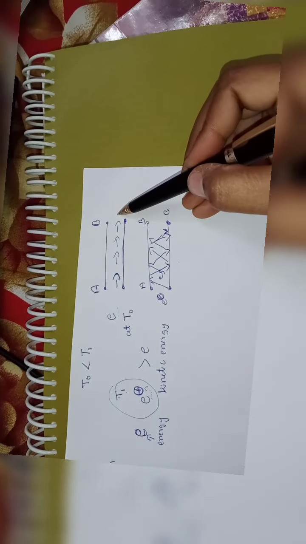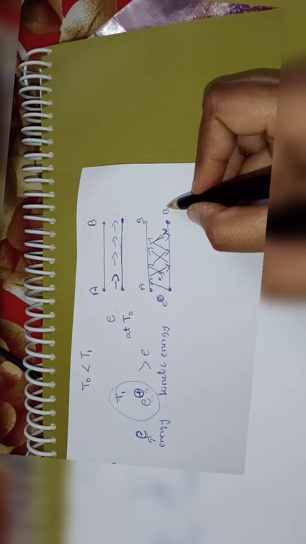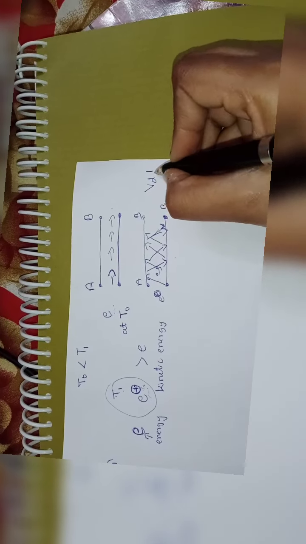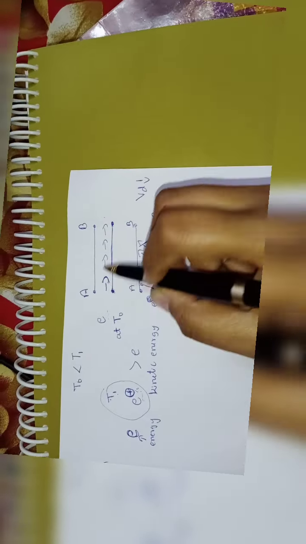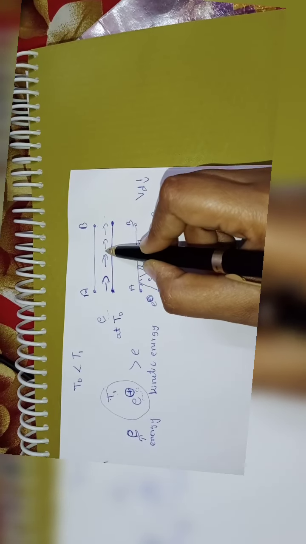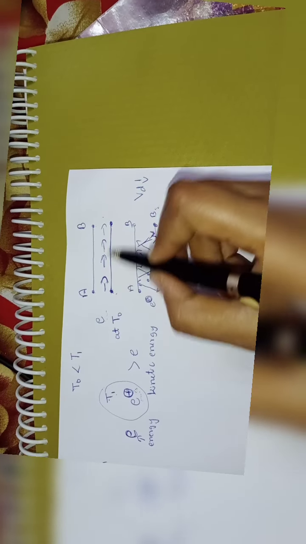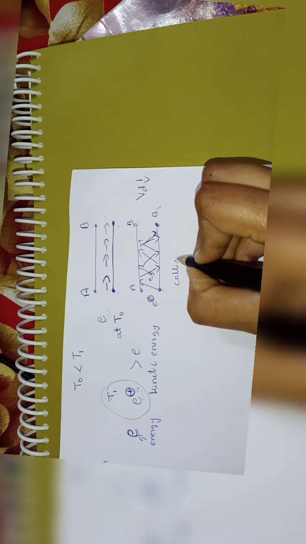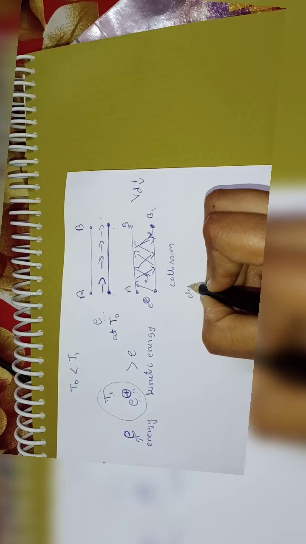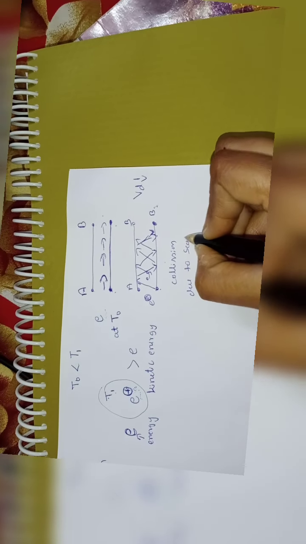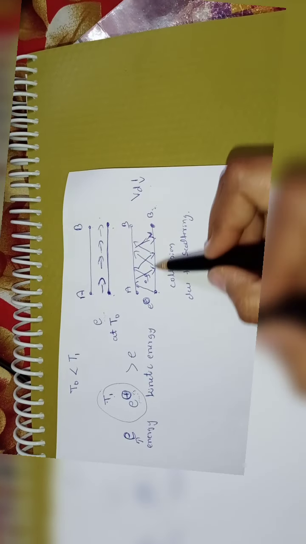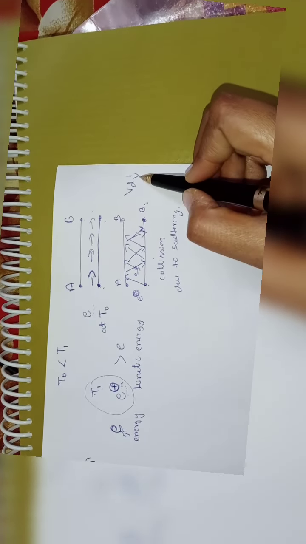So compared to this, the velocity of the electron in this condition is less, because here there is no deflection, directly it moves from point A to B, but here, due to collision and scattering, the velocity in a particular direction will get decreased.